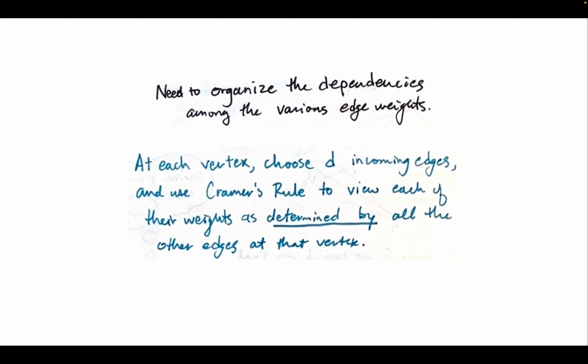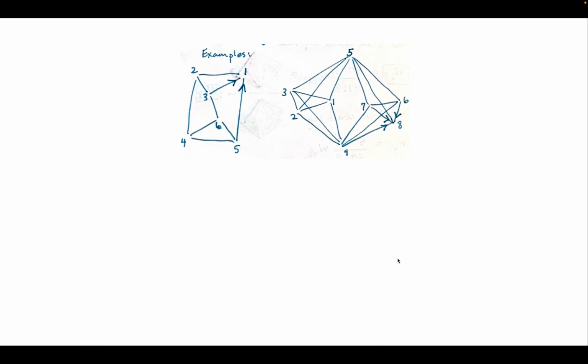At each vertex, choose D incoming edges and use Cramer's rule to view each of those D incoming edge weights as determined by all the other edges at that vertex. So an example, two examples: in dimension 2, we choose these two edges to be determined by 1, 2.